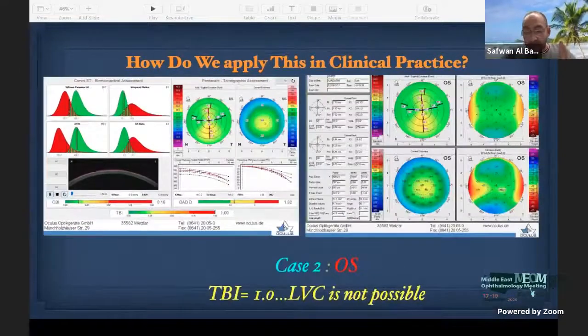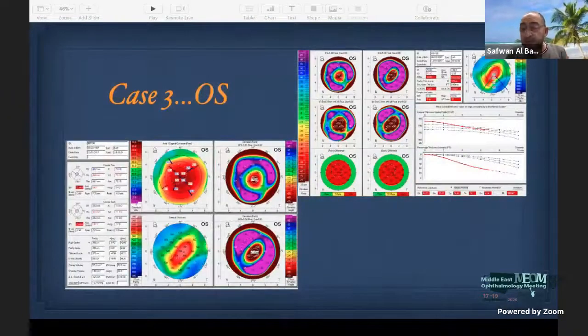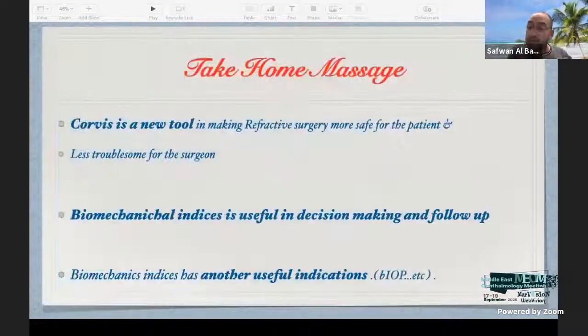I think even now Mazen is with us, and he doesn't believe in it. But Corvis shows different rigidity in corneas that have been treated with crosslinking in general. And now Paulo Vinciguerra and Ambrosio are working on two things: the type of cross-linking.